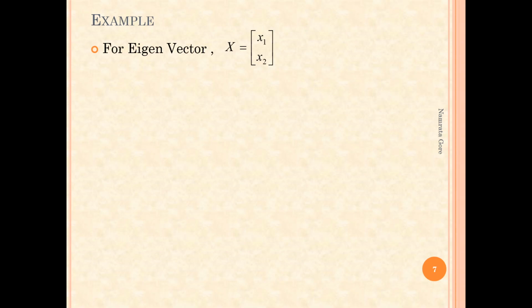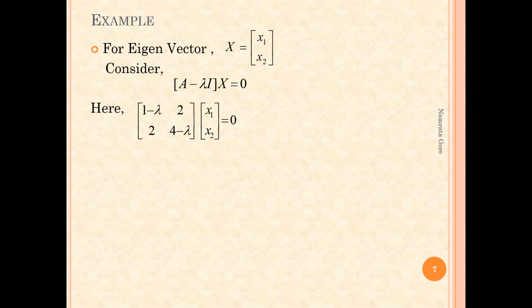Now finding the eigenvector. For the eigenvector, let us assume the vector X having two components, x1 and x2. For this we will consider the equation (A minus lambda I) X equal to 0, and in this equation we will substitute the matrix A minus lambda I and X as [x1, x2]. So this is our equation 1.